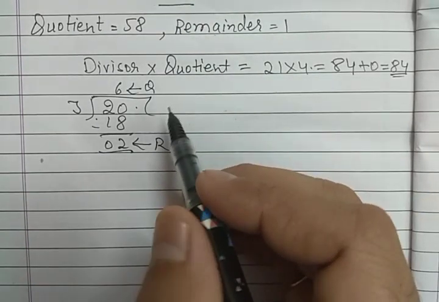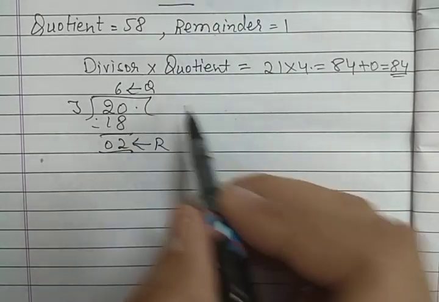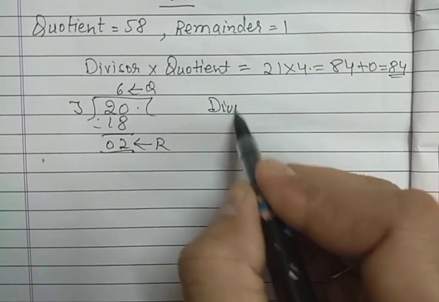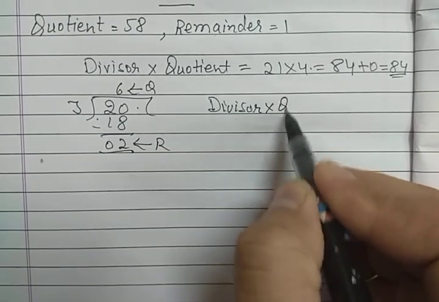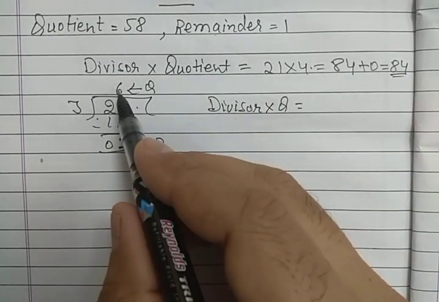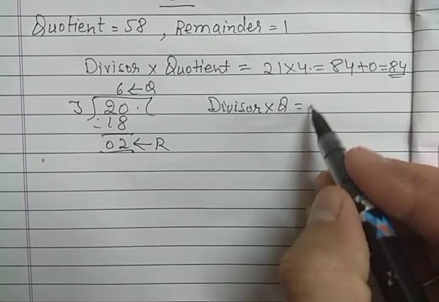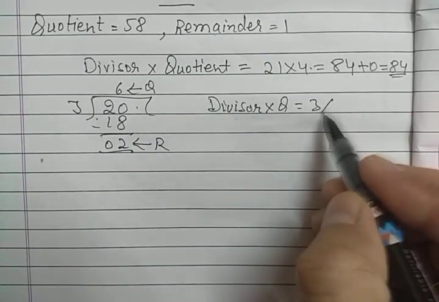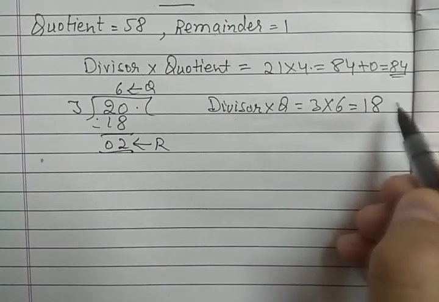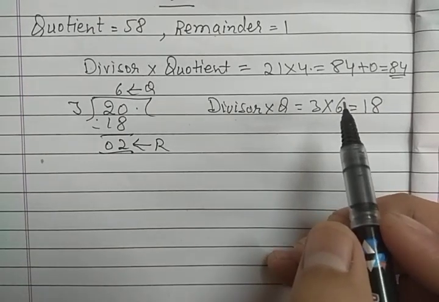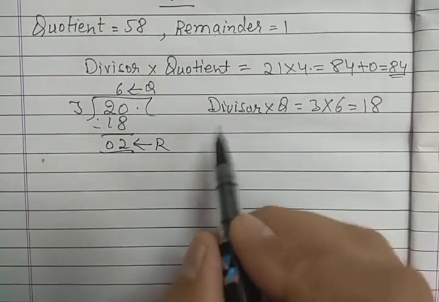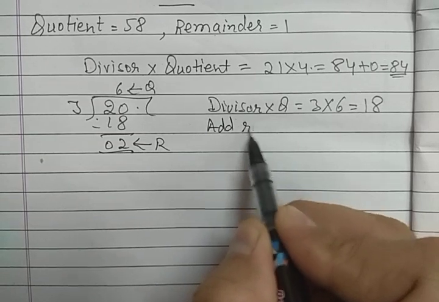So here divisor into quotient, what will come? Let us check. This is divisor into quotient. 3 into 6, that is 18. Now we will add remainder to it.